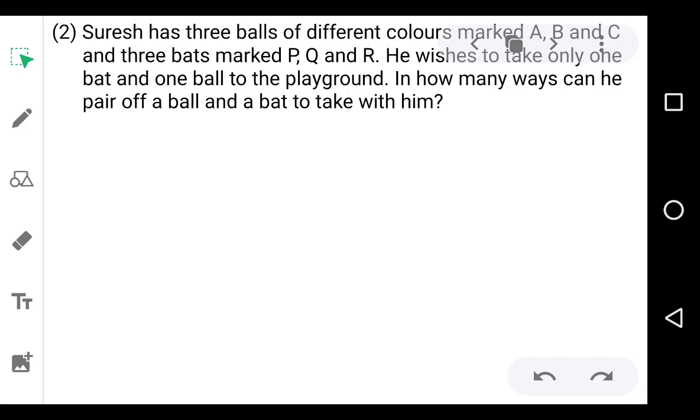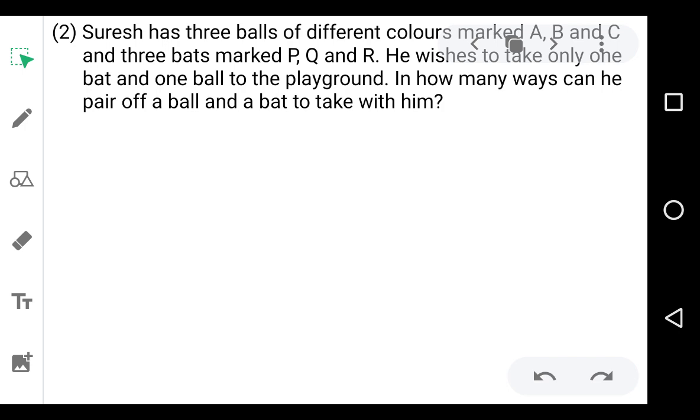Here Suresh has 3 balls and 3 bats. Balls A, B, C and bats P, Q and R. So the question is, he wished to take only one bat and one ball to the playground. So here we have to find how many pairs he can form.